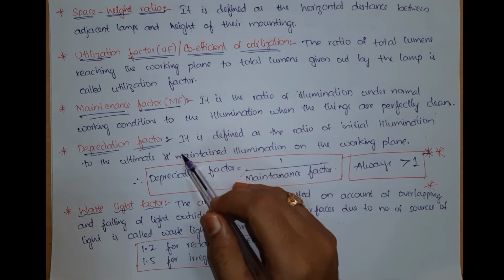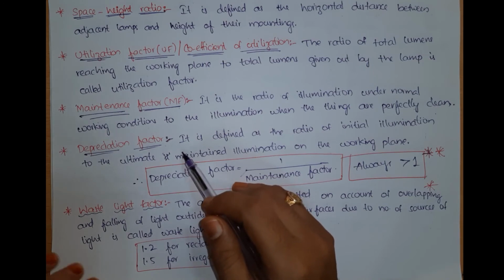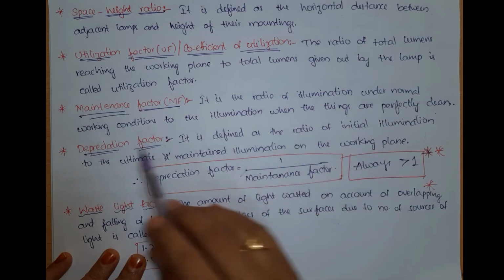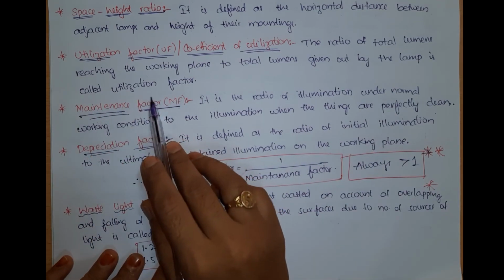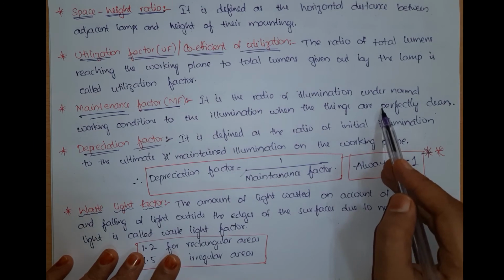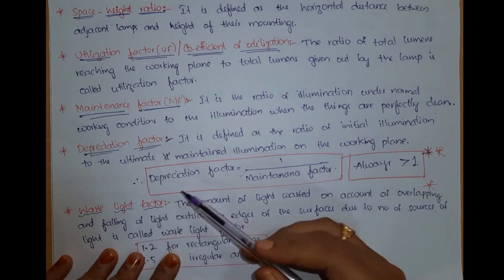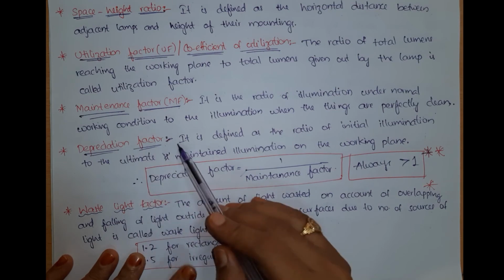So the illumination under normal conditions will always be less than under perfectly clean conditions. So the maintenance factor will always be less than 1. Depreciation factor is the reciprocal of this maintenance factor.